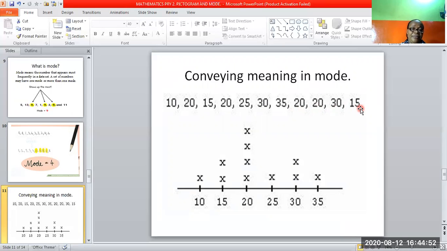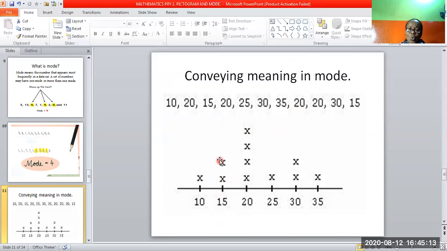These are the given numbers. Now let's plot them on a chart. Okay? Now we have 10. How many times do we have 10 in the numbers given? We have it only once.